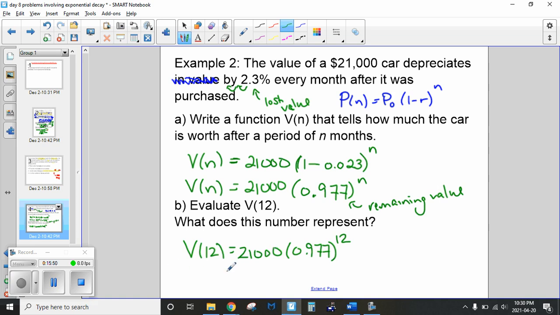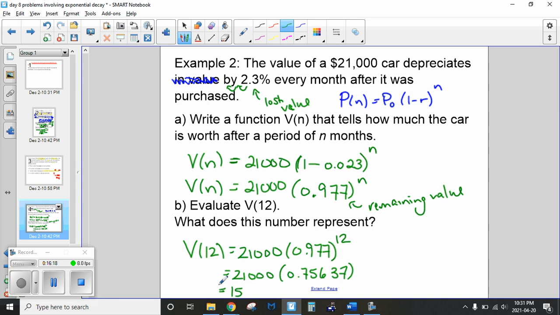Again, we need to evaluate the exponent part first. 0.977 raised to the exponent 12 is 0.75637, and then we'll multiply that decimal answer by the initial value, 21,000.